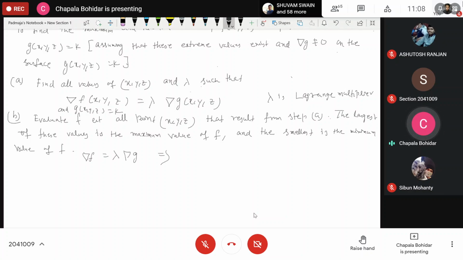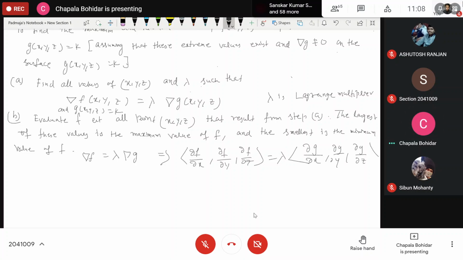That implies the components of grad of f are del f by del x, del f by del y, del f by del z, and the components of lambda into grad of g are del g by del x, del g by del y, del g by del z.